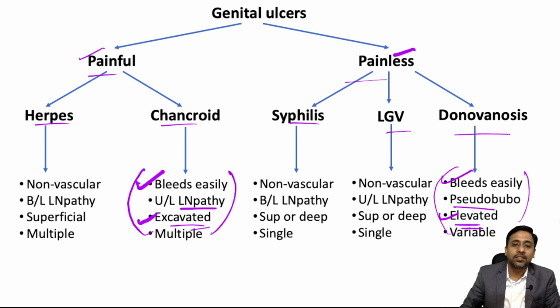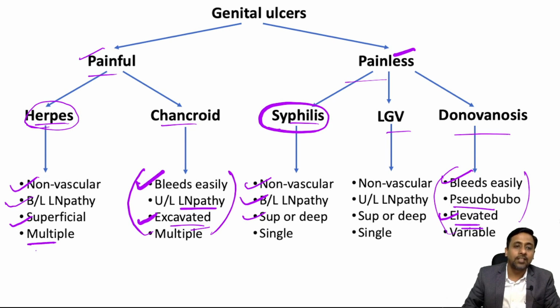This syphilis and this herpes, again, other than the pain, the difference, if you see, both are non-vascular, both have bilateral lymphadenopathy, both have superficial or deep ulcer. But again, the ulcer is usually multiple in case of herpes and usually single in case of syphilis. So this is the difference between these two apart from the pain. LGV, if you see, again it is non-vascular, superficial, deep, single.